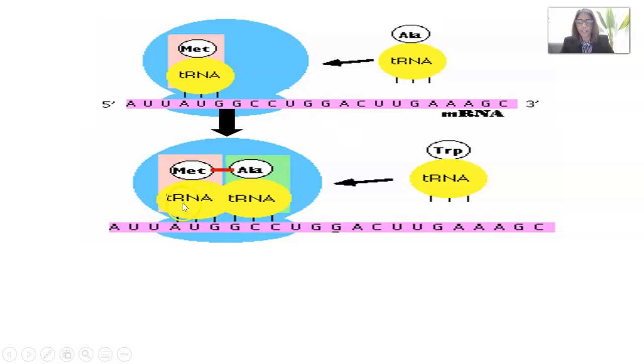Now, because the tRNA molecule has a specific anticodon sequence, it can only ever pick up a corresponding amino acid. So for example, this tRNA molecule has the anticodon sequence of UAC, so therefore it can only ever pick up methionine. It cannot ever pick up alanine.